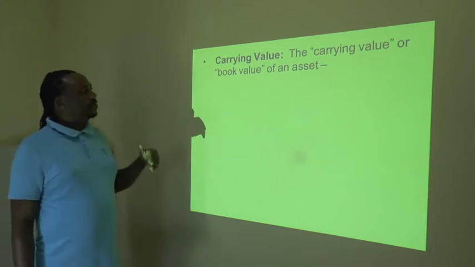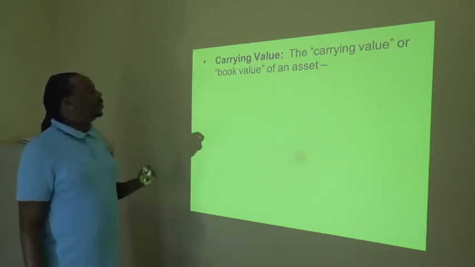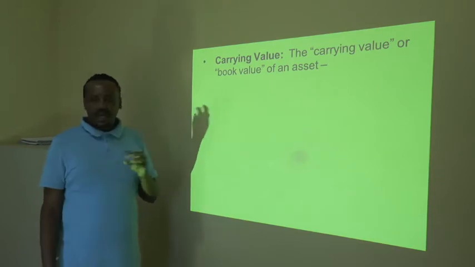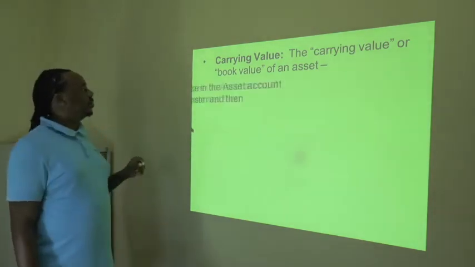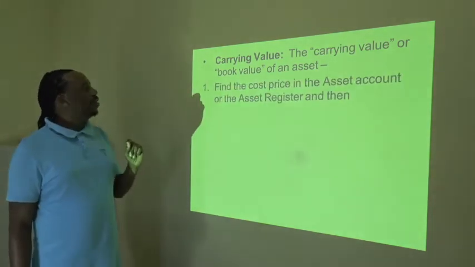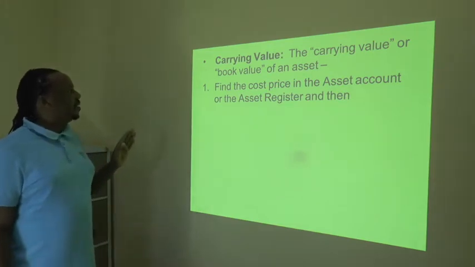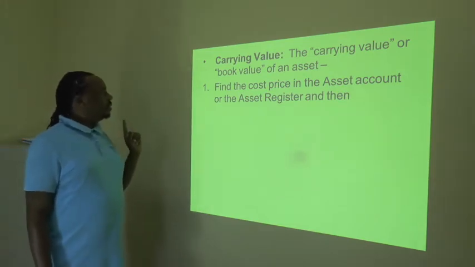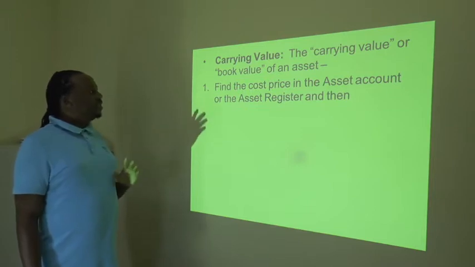The carrying value, or book value, of an asset. How is it calculated?